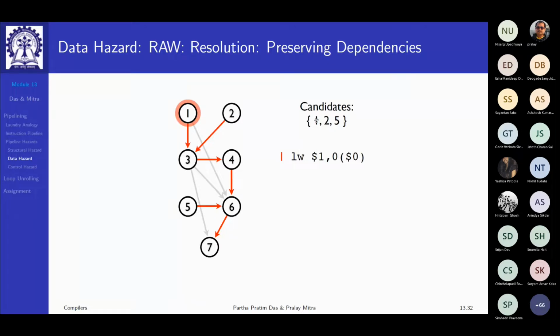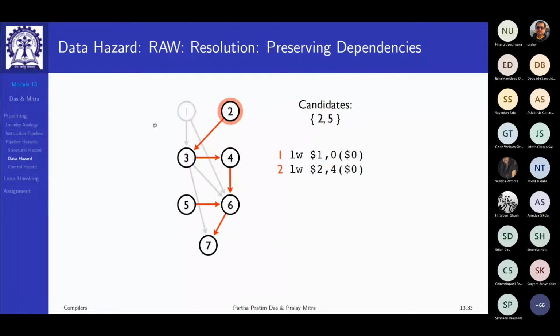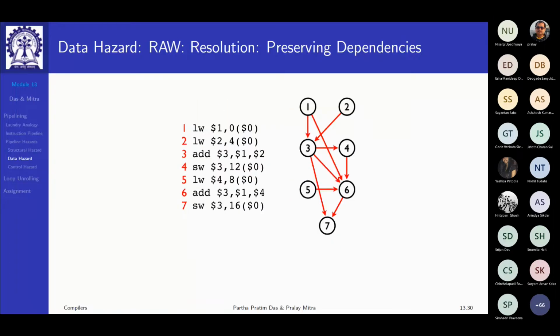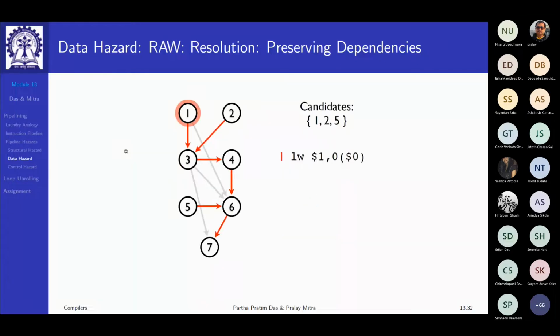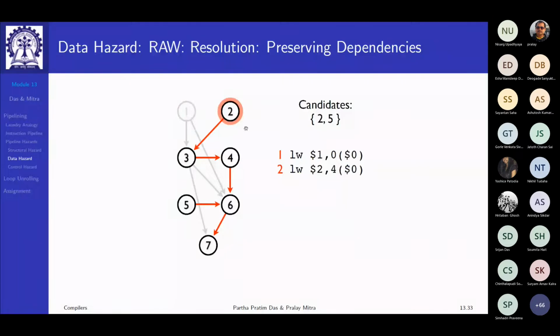So we'll remove the node 1 from the DAG. So node 1 is removed. So now my candidate list is 2 and 5. Actually, I should have replicated the instructions here. Go back. 5 is also a load, 2 is also a load. So between 2 and 5, again, I could have done either of that.